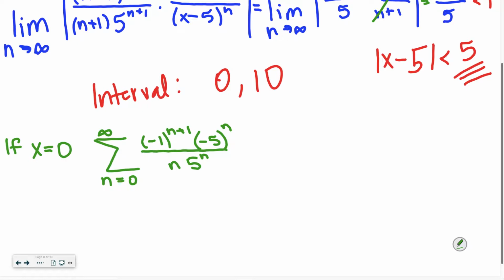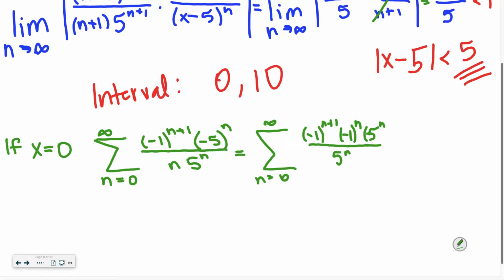Sometimes you will need to get slightly creative when you are doing your simplification. What do I mean by that? Factor in a -1. I have a 5 to the n here, and I can split this up into a -1 to the n and a 5 to the n so that those can cancel.